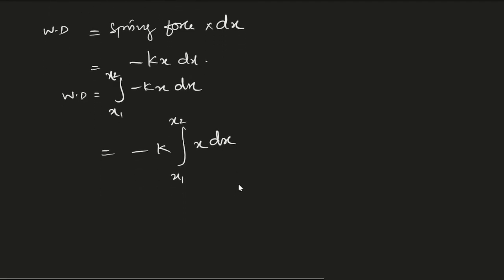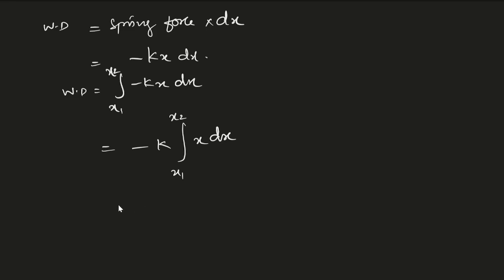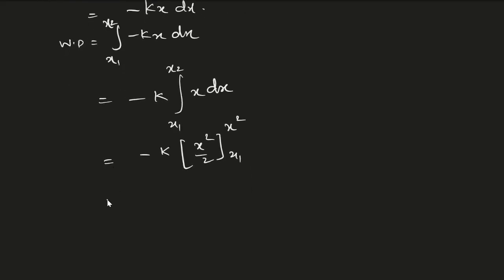The integration of x is nothing but x square divided by 2. So minus k into, between the limits x1 and x2, so this will be minus half into k into, if you apply the upper limit minus the lower limit.